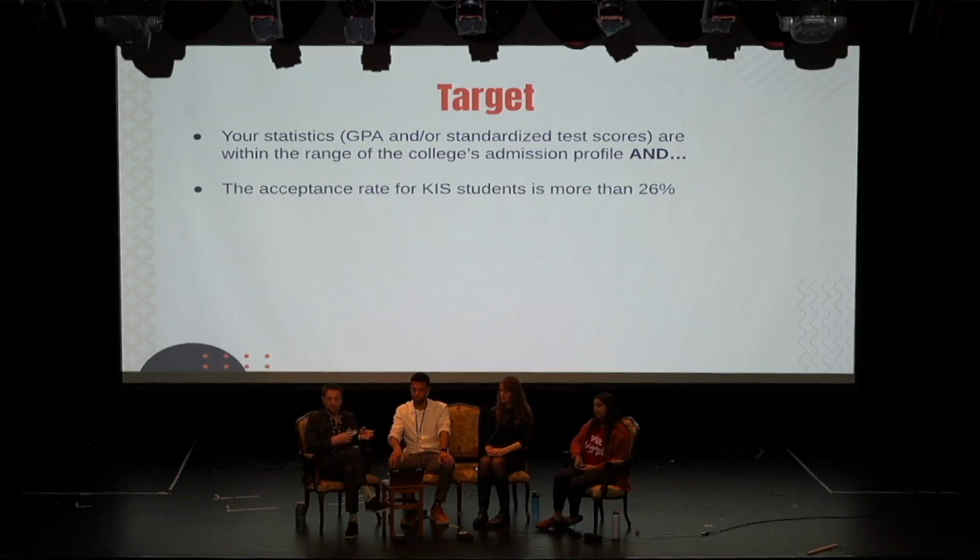Again, utilizing the Boston University example from before, which I think has like a 42% acceptance rate at KIS, you could see that the GPA was right on the line of the average GPA, surrounded by greens. The test scores were lower than the average, but in this case, Boston University's test optional, so no need for Fake Junior to send them in. And so this would be a good target school.